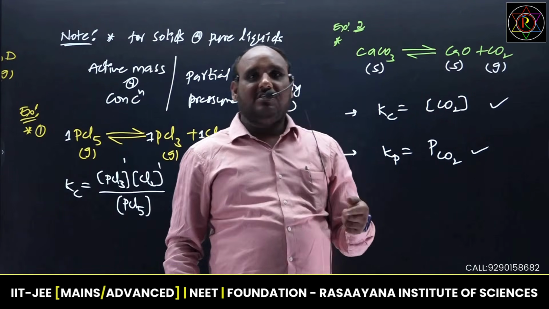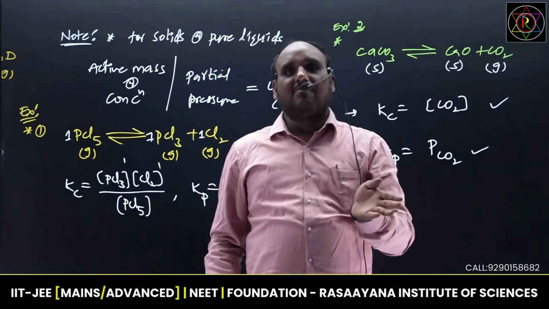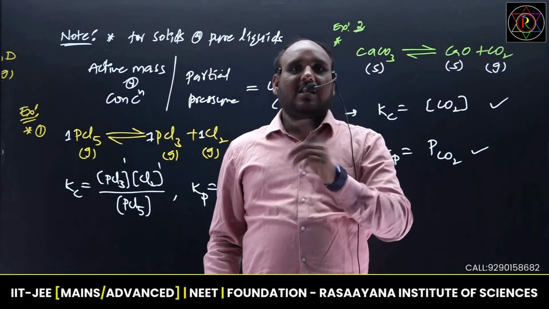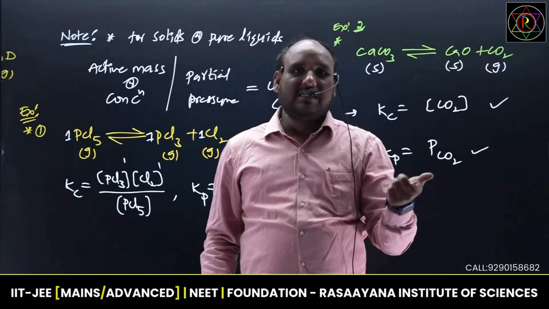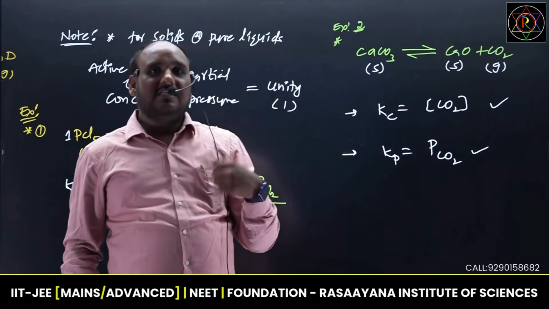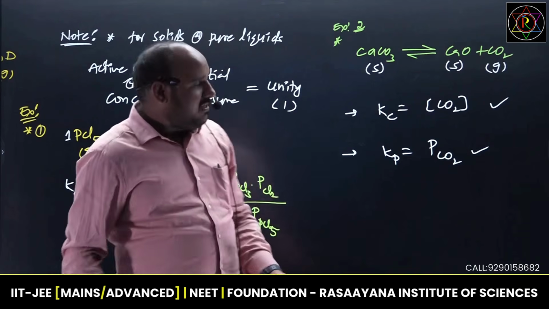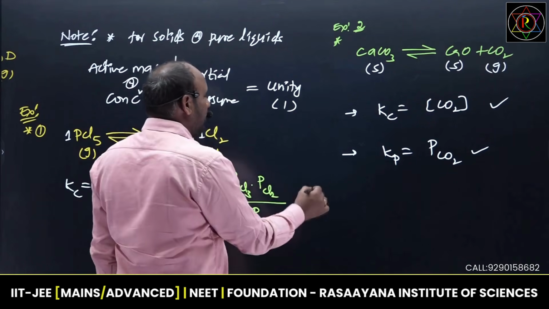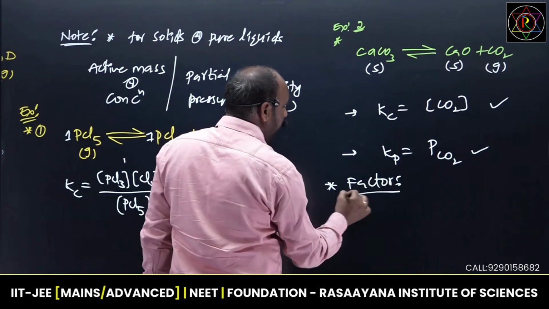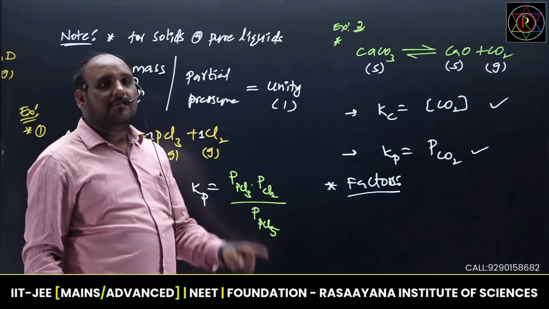What type of information will it give? Whether the forward reaction takes place or the backward reaction takes place, or the attainment of equilibrium. With the help of that, we can tell whether the reaction is complete or not, and if we want to complete that reaction, what conditions we have to utilize. Also, only one factor can vary the equilibrium constant, and that is the temperature only.